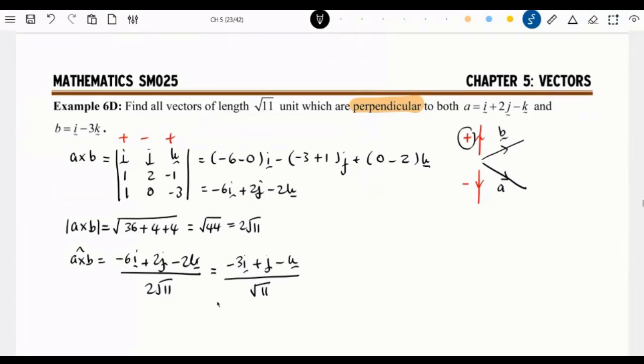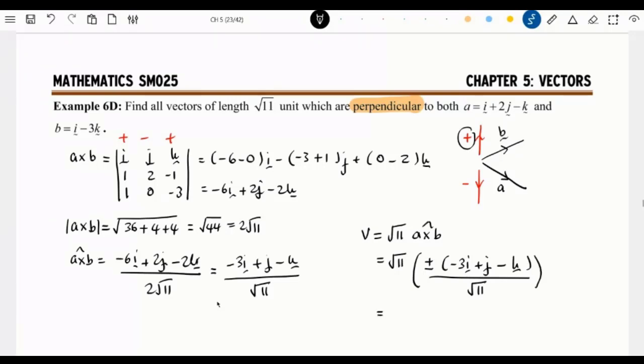So now we have to find the new vector, which is... okay, is there anything that can cancel? Anything can be cancelled?